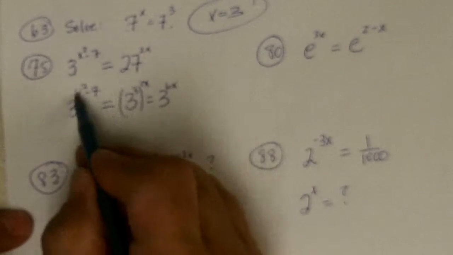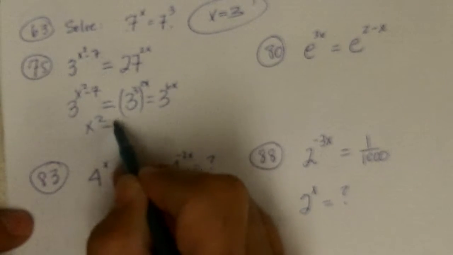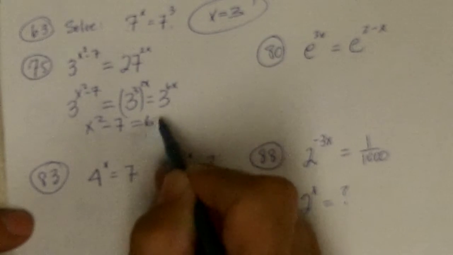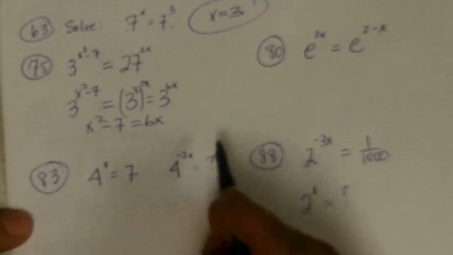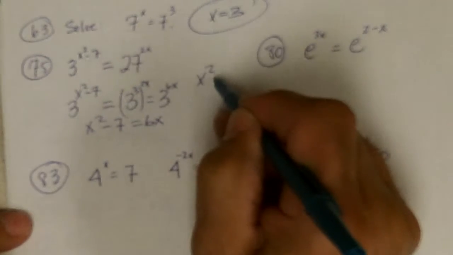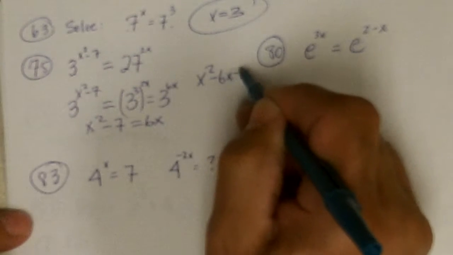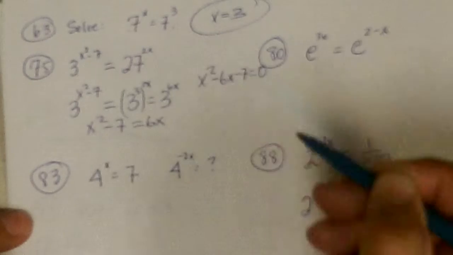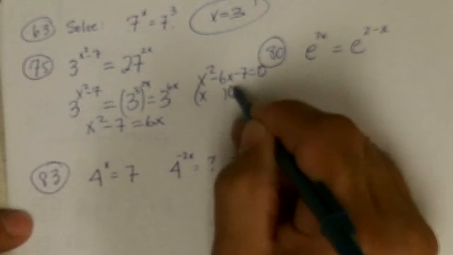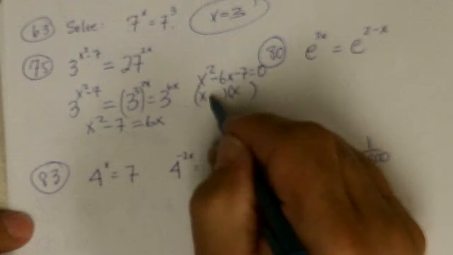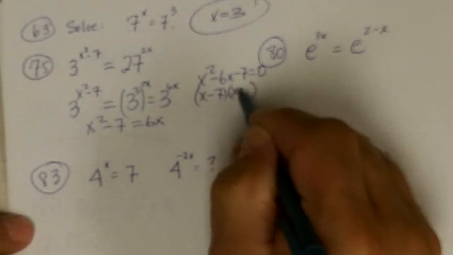So I'm down to this quadratic. X squared minus 7 has to be 6x since the bases are the same. So I'll subtract 6x and I get x squared minus 6x minus 7 equals 0. That factors to minus 7 and plus 1.